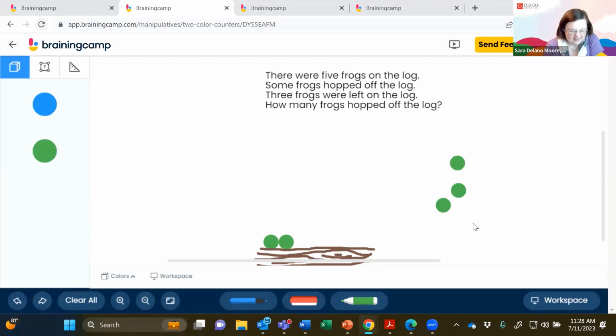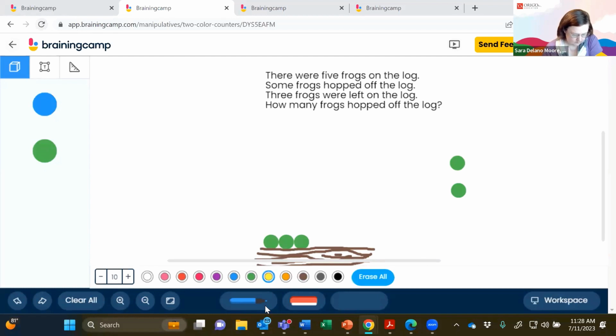At the end, there were 3 frogs left on the log. So if you look at what I just did, too many frogs hopped off because I've got 2 frogs on my log. So put you back. You're not ready to go play yet. How many frogs hopped off the log? 2.